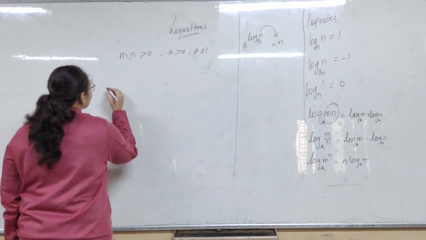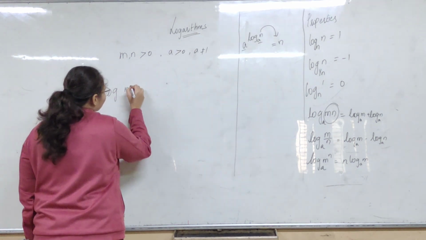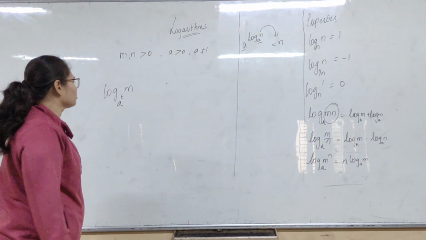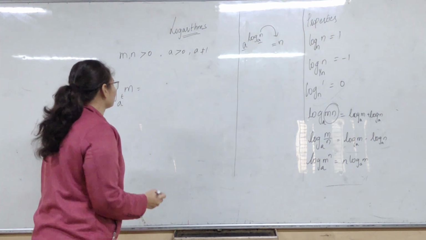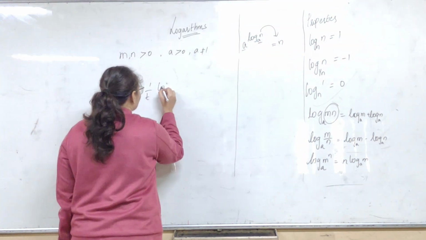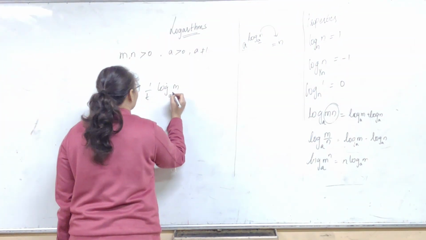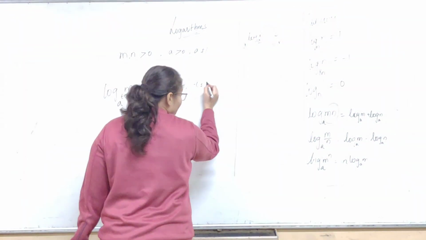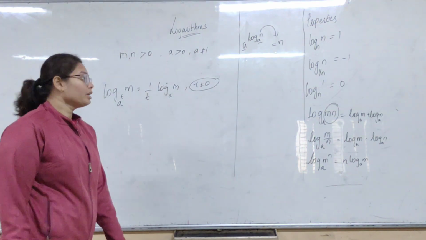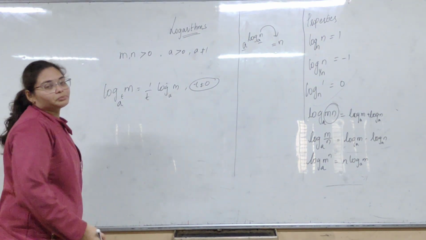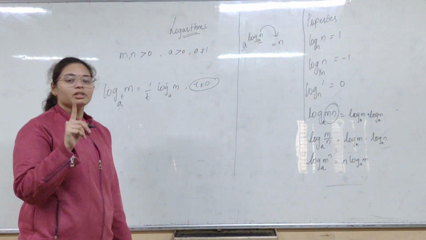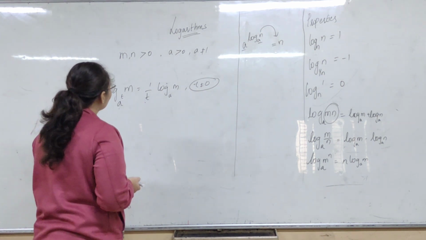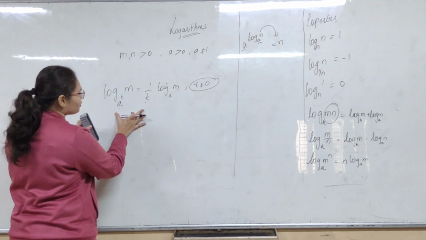The next property is log m to the base a to the power of t, that is equal to 1 by t log m to the base a, where t should not be equal to 0. If t is equal to 0, then a logarithm with base 1 is not possible. So see the difference first.